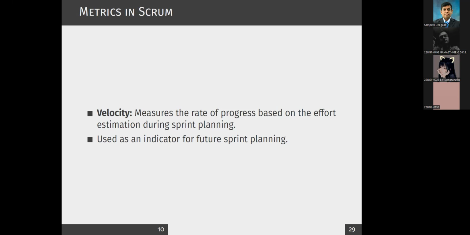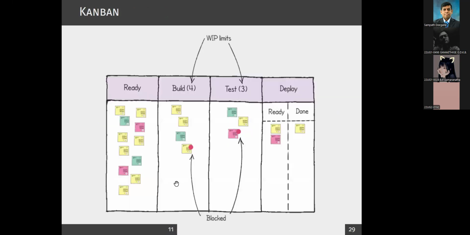So for example, you decide how long it will take to implement a particular feature. And then once you finish the sprint, the fixed time box, you see how much you have finished. This is what we call the velocity. That can be used as an indicator for future planning. So simply this is what will happen in the Scrum Agile process. Right.